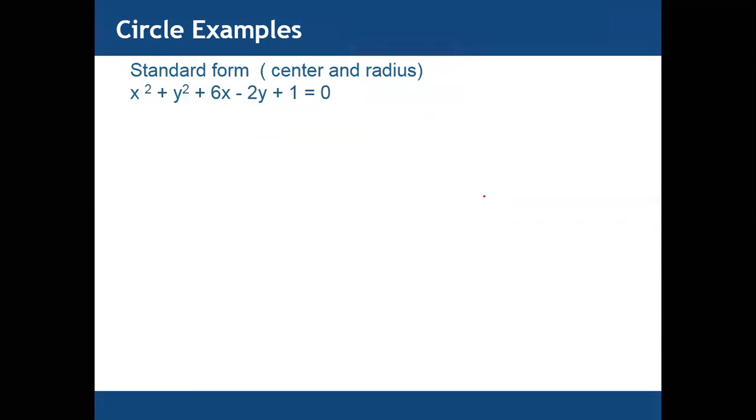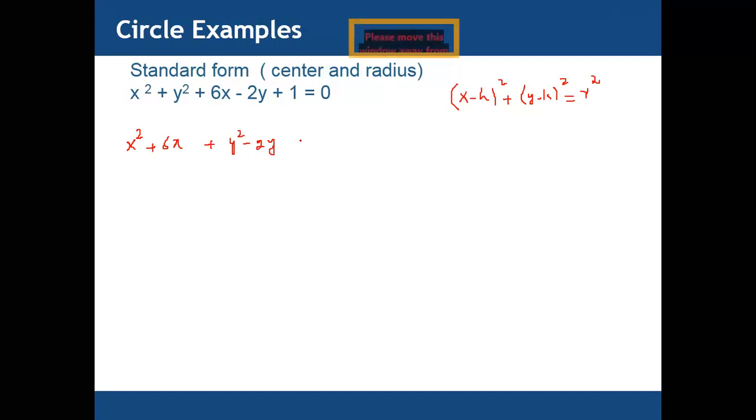And we know that the equation of circle is x minus h whole square plus y minus k whole square equal to r square. H and k are the central point. Now we are given this equation. So if we write in proper order, x square plus 6x plus y square minus 2y plus 1 equal to 0.